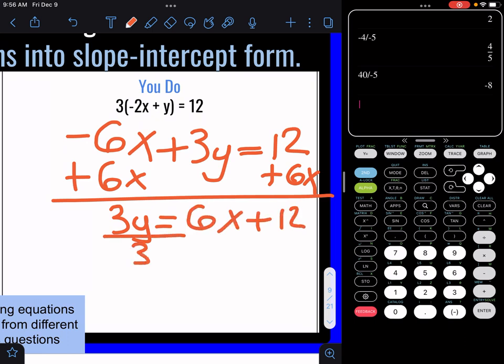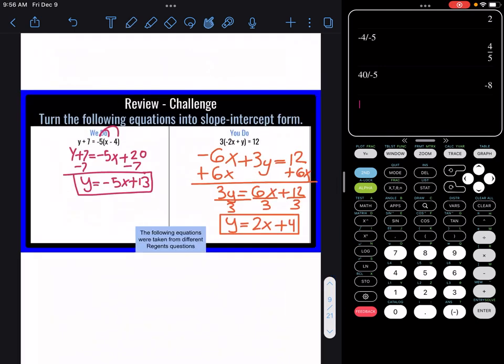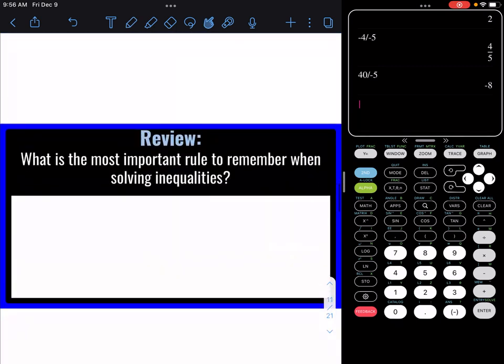And now let's divide out the 3. And I'll get y equals 2x plus 4. Good job. Alright, so now how are we going to do this with an inequality? First, what is the most important rule to remember when solving an inequality?